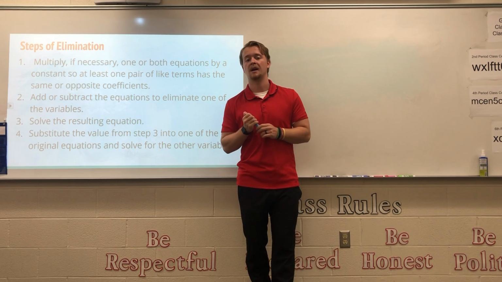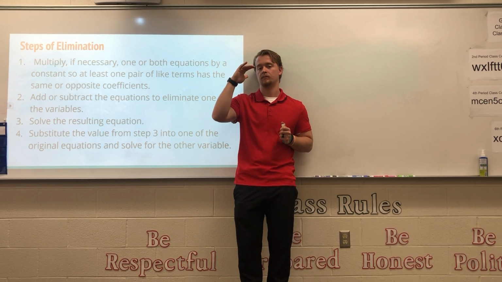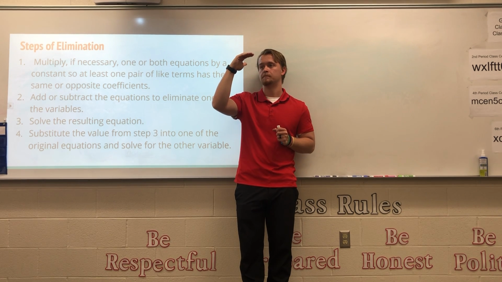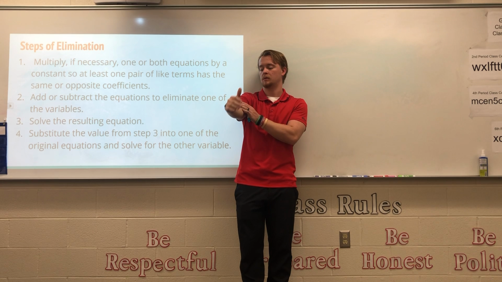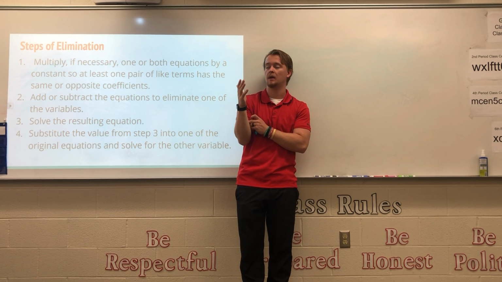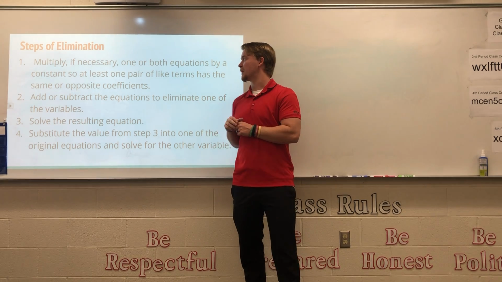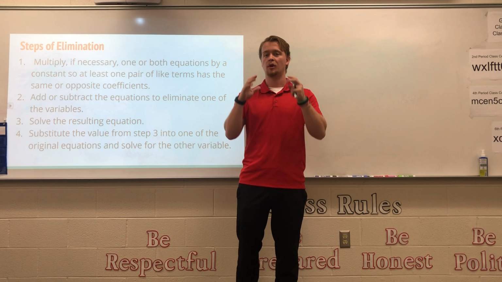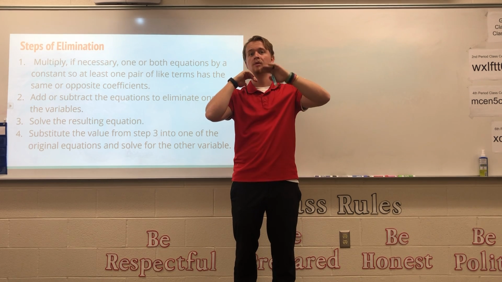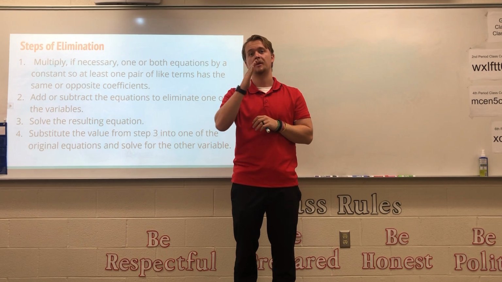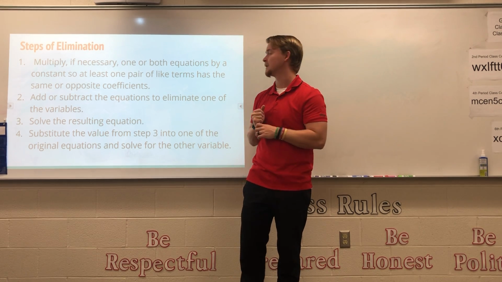Usually in 8th or 9th grade we'll deal with just two equations in a system, not more than that. So we're going to be multiplying one or both equations by a constant, meaning you are multiplying one equation or both equations by a single number, and you get to pick what that number is, but you're multiplying the whole equation by it.